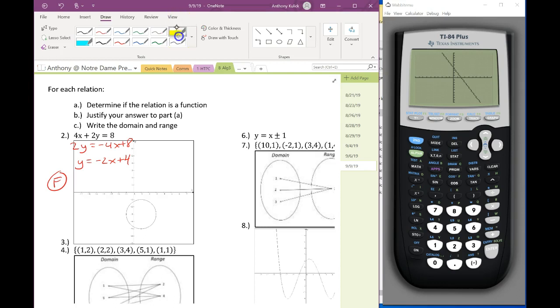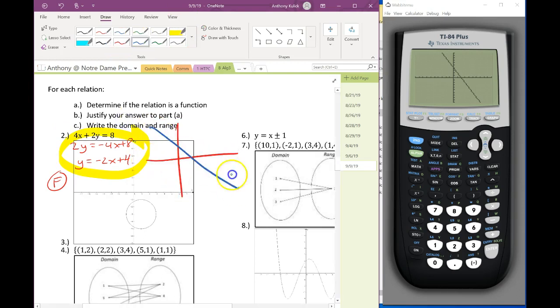If you were to do that, I'd want to know the equation that you graphed and a sketch of the picture that you used and then some evidence that you checked the vertical line. And then you can say it passes the vertical line test. So I should be able to see what it is that you graphed, what that picture looked like, and then that it passes a vertical line test. Perfectly reasonable explanation. Everybody's okay with that?